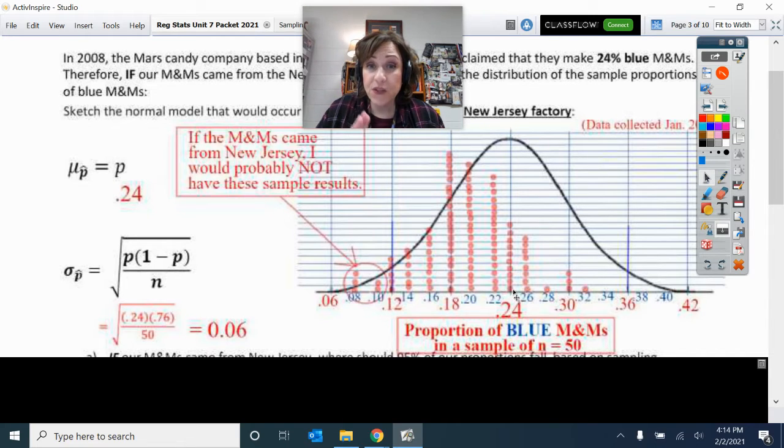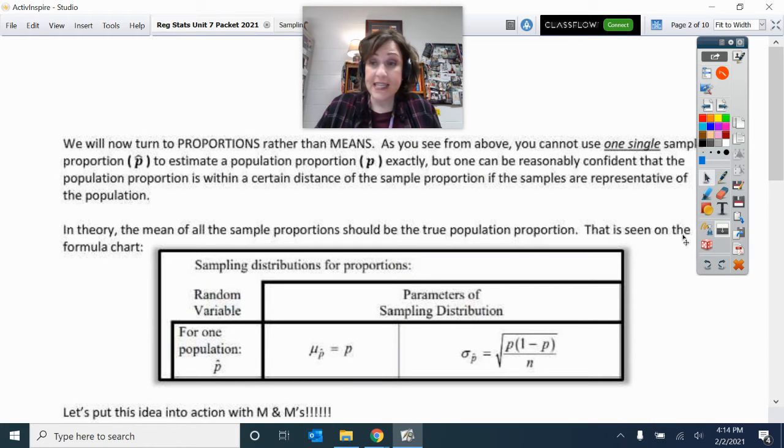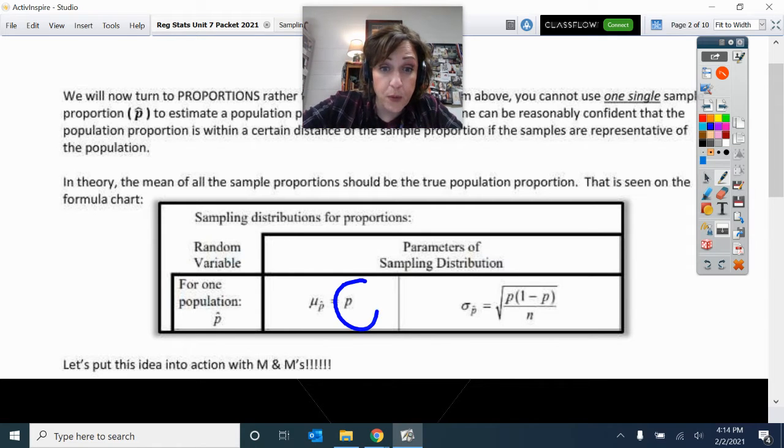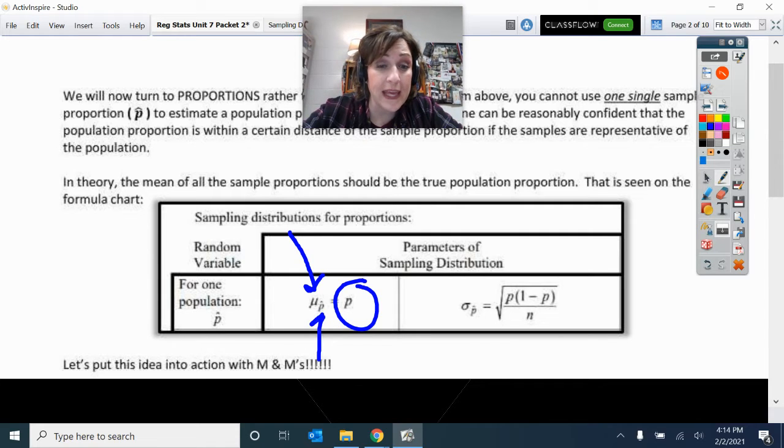Now, let's first talk about what the distribution would look like if our data came from the New Jersey factory. Well, the New Jersey factory claimed 24% blue. So this formula says that whatever proportion they say is going to happen, that is where the average of all of those P hats will be.